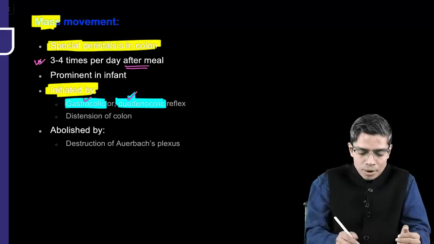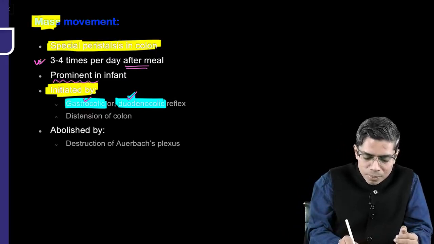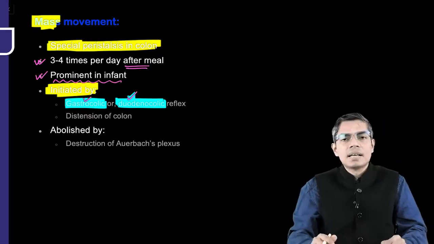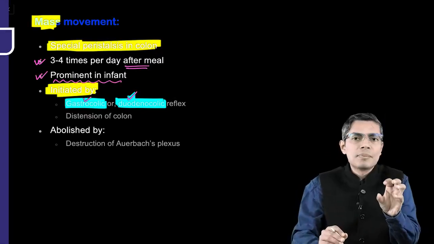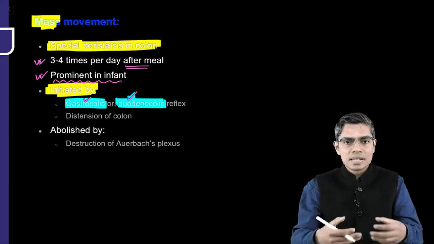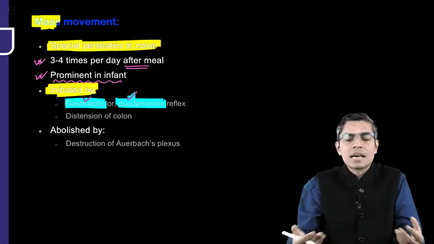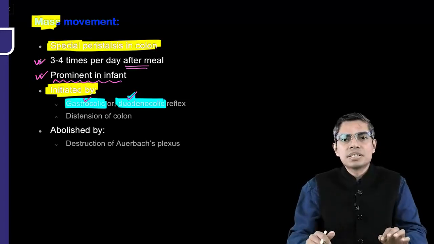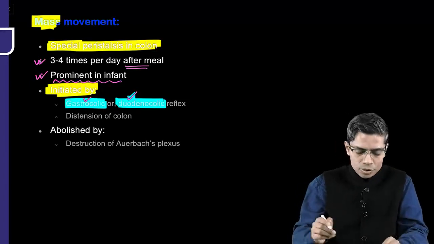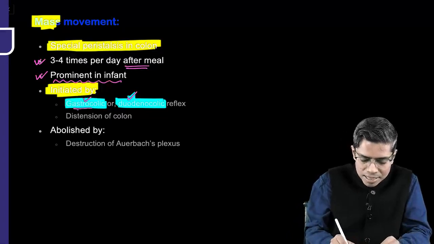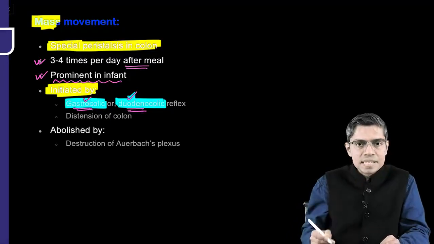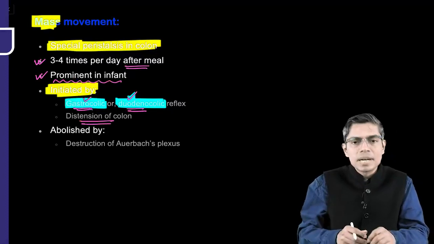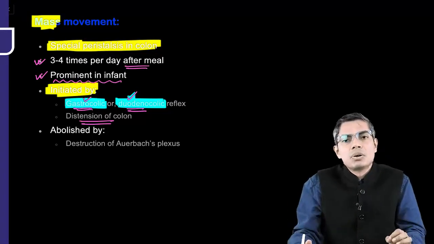Why? Because prominent mass movement is seen in infants, and whenever they take even a small amount of food, that food will start the gastrocolic and duodenocolic reflex, and that will initiate the mass movement, and mass movement means defecation may occur, right? So that's why it is written that it is initiated by the gastrocolic or duodenocolic reflex. It can also be initiated by distension of the colon.